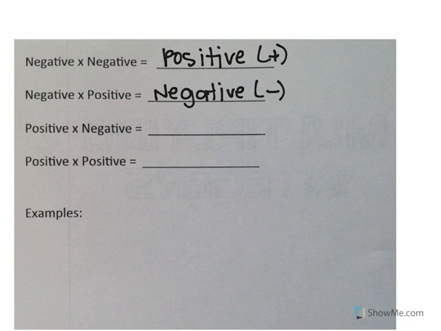If I multiplied a positive integer by a negative integer, then the product or answer would be negative. And of course, if I multiply a positive integer by another positive integer, then the product or the answer will be positive.